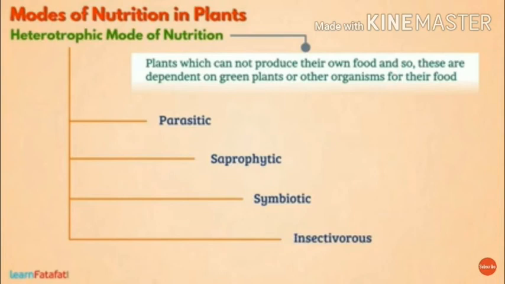The organisms which can't prepare their own food and depend on others to have their food are called heterotrophs.